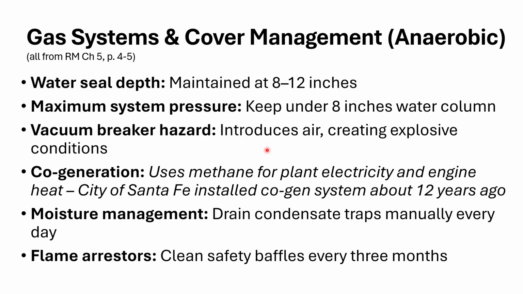We've got the vacuum breaker hazard. If we introduced air into the digester with the methane gas, which is explosive, we could have an explosion. So that vacuum breaker is going to make sure we're not letting air in, okay?